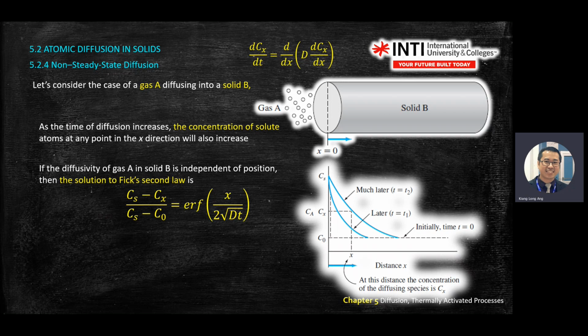It's not our area, but it will give you Fick's second law where you use CS minus CX over CS minus CO equal to erf of X over 2 square root of Dt. This is for non-linear.